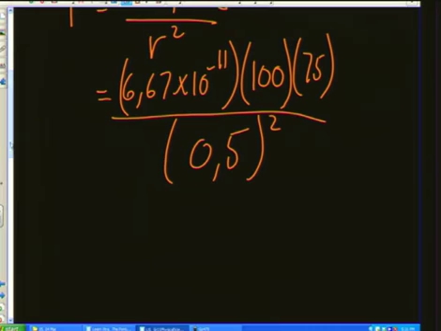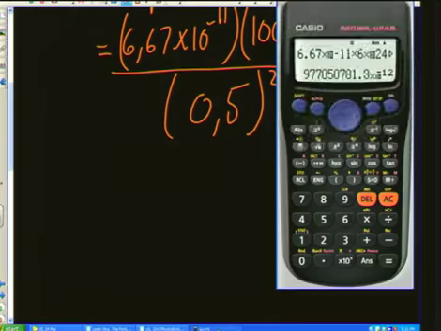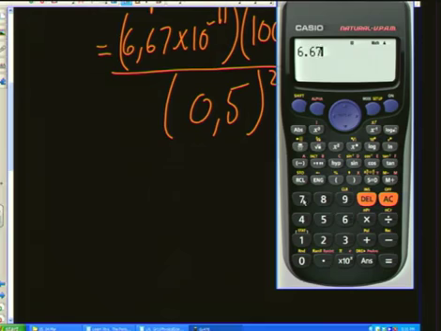So let's do that. Let's see if our calculator will behave, and we'll check it out in a minute. 6,67 exponent minus 11 times 100 kilograms. Make sure it does what I say, times 75. Now, divided by 0,5 squared. Okay?